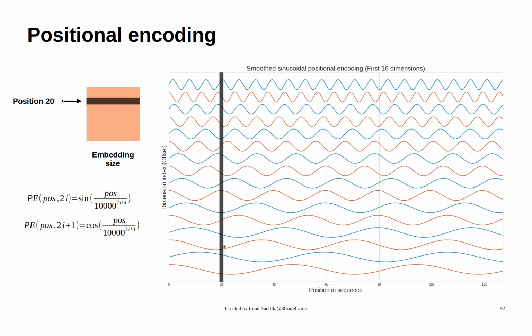At position 20, we sample values from all the waves. And just like that, we create our positional vector. If you want to get the vector at position, let's say 60, you come here, you intersect these waves and you get the values. And just like that, you construct the positional vector at that specific position.